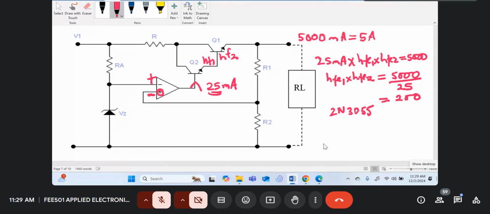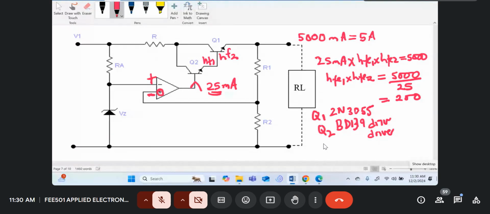Then you need a driver for this one, which is like BD, I think maybe 139. So this is a driver transistor, your Q2, and this is your Q1. Okay, the power transistor must be connected to a heatsink.